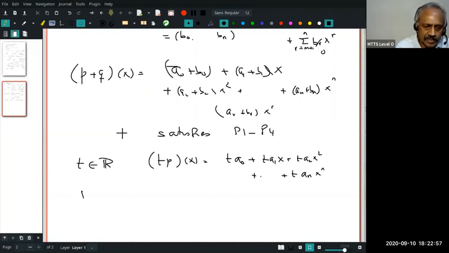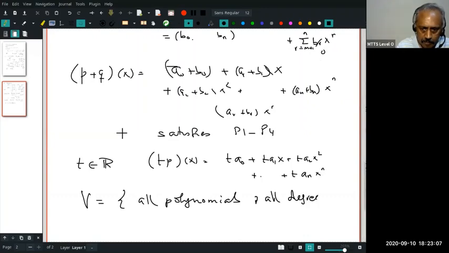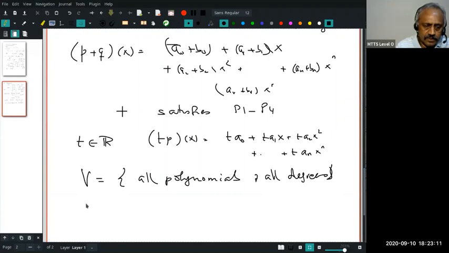So my vector space V consists of all polynomials of all degrees. Notice that 0 is the zero polynomial, that means 0 plus 0x plus 0x squared and so on.